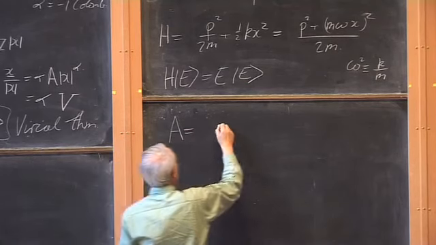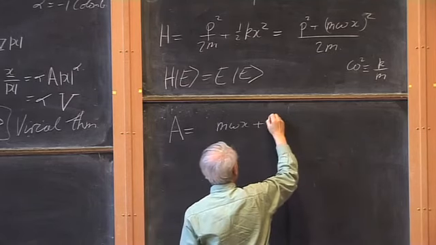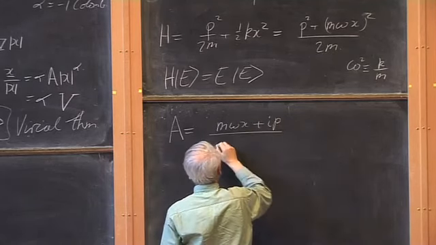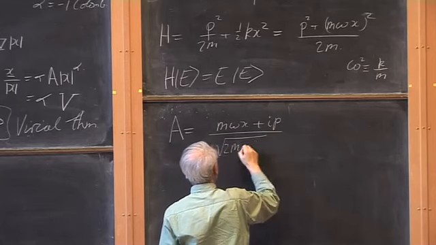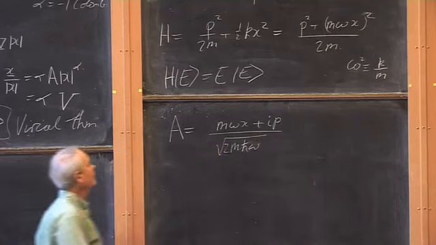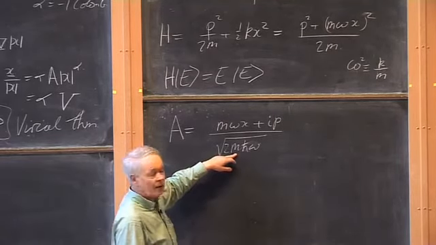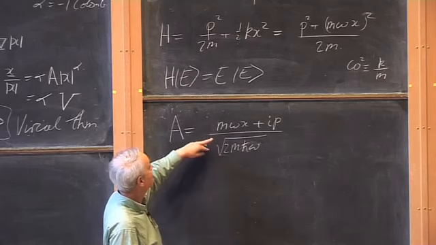Let's introduce A, which is m omega x plus i p over the square root of 2m omega or h bar omega. Why do I write that down? Well, basically because I know where I'm going, but just to give you some sense of direction.